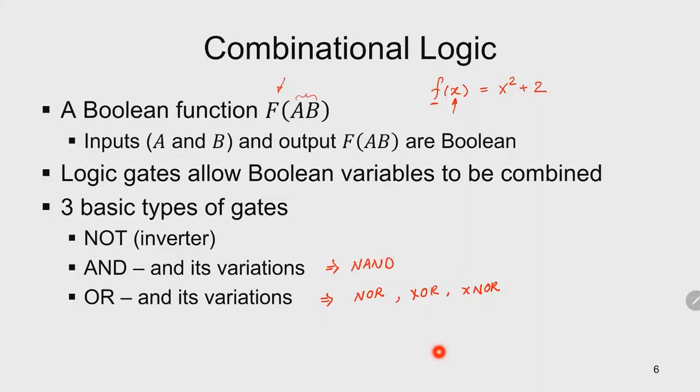These are the variations of the original basic gates, such as AND and OR. So in actual fact, there are only three basic gates in digital electronics.